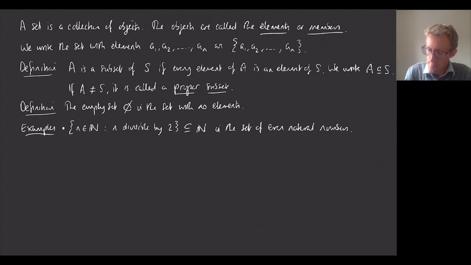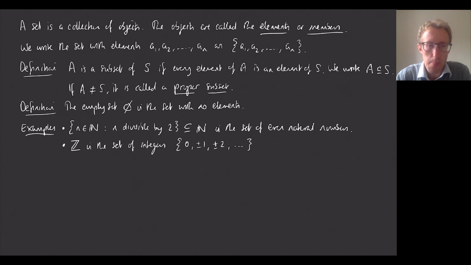Okay. We also have the set of integers. That's denoted by a Z. So that includes negative ones. So that we could write as 0, plus and minus 1, plus and minus 2, and so on. Okay. We have a set of rational numbers. That's denoted by a Q. So that is the set of numbers that can be written as a ratio of integers.